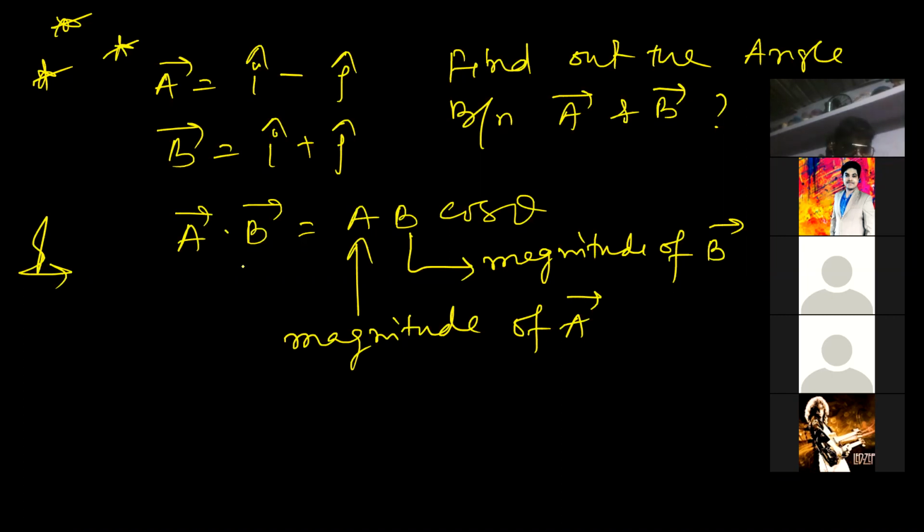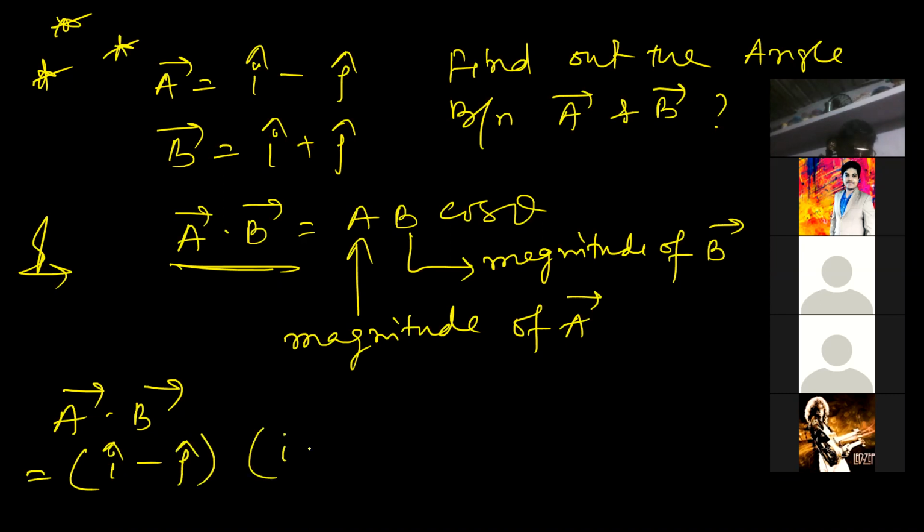So at first we will find the dot product of the two given vectors. A vector dot B vector is how much? A vector is i cap minus j cap, B vector is i cap plus j cap, and there is a dot between them. Here I have to multiply the components of i cap first. So it is 1 multiplied with 1, so it is only 1 here. Then the components of j cap should be multiplied.